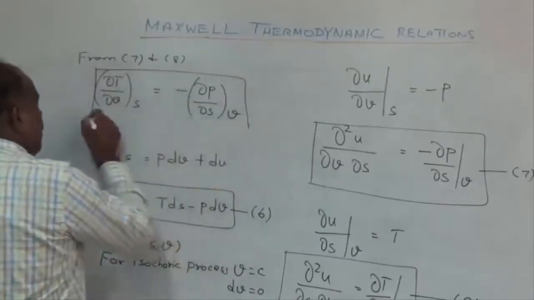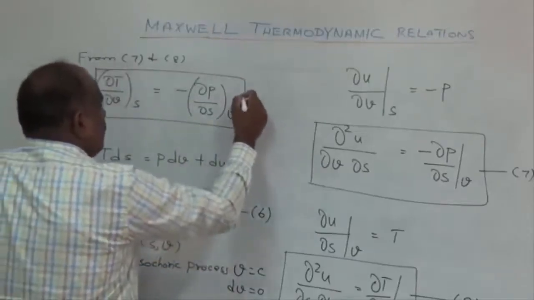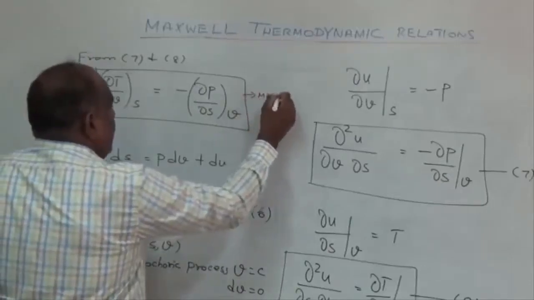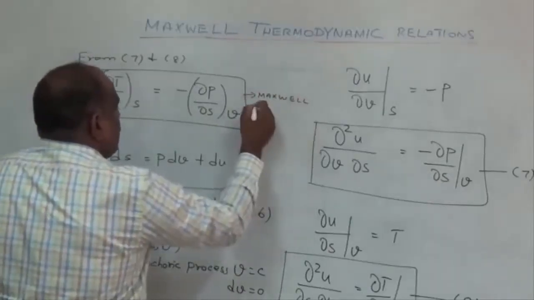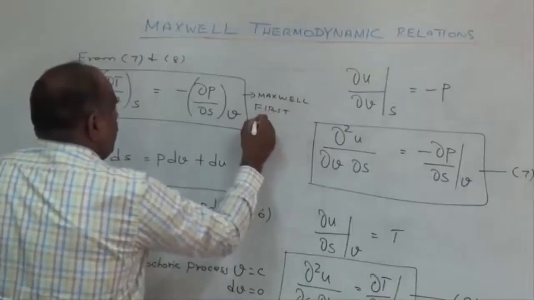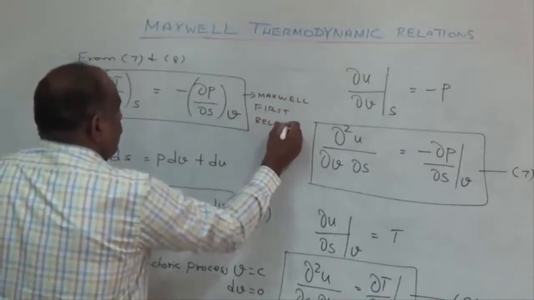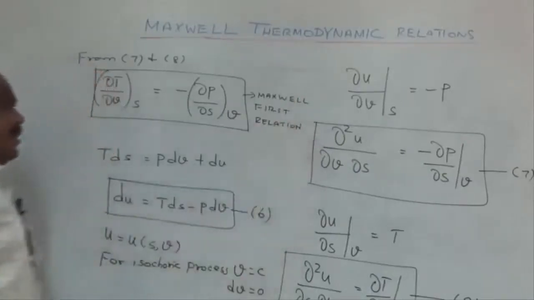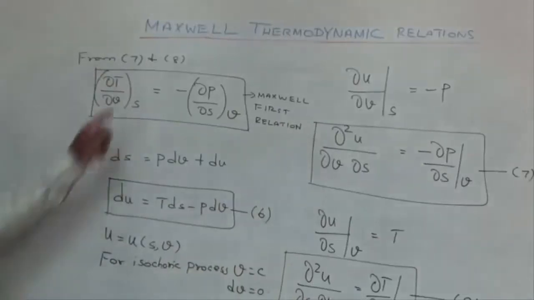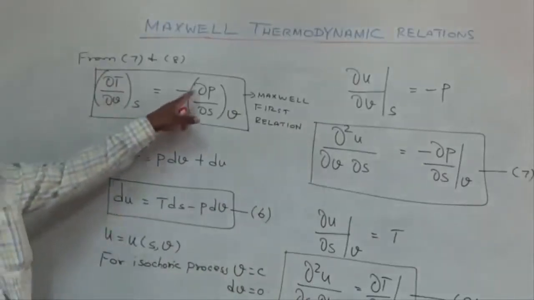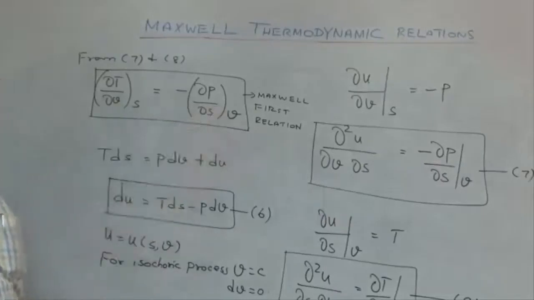So this one is called Maxwell's first relation of thermodynamics, or Maxwell first thermodynamic relation. So ∂T/∂V at constant entropy will be equal to minus ∂P/∂S at a constant volume. I hope you can understand.